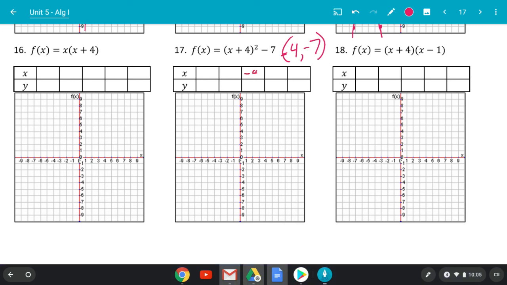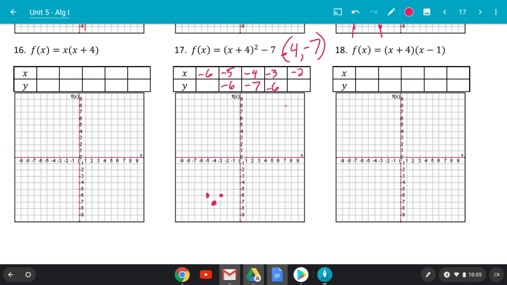So -4, -7. There's my vertex. I'm going to use my A, which in this case is, again, 1. So up 1 over 1. That gave me 2 more points. Those 2 points were -5, -6, and -3, -6. I need another point. So let's use -2, and that would correspond with -6.